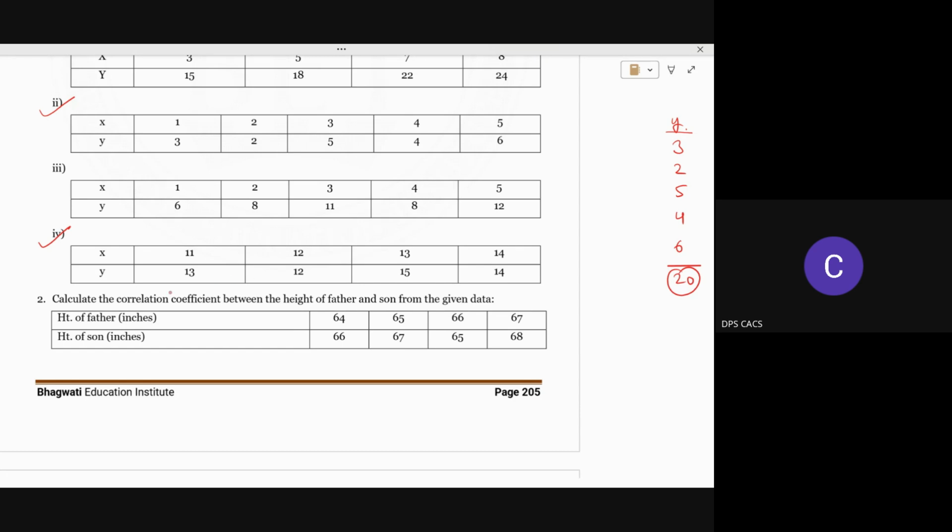What is the total of the XY column? 678 is correct. Total of the X square column? 630. Correct.